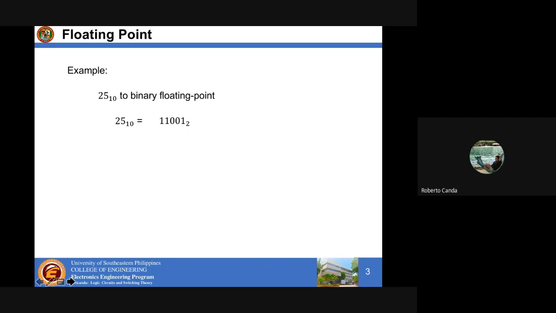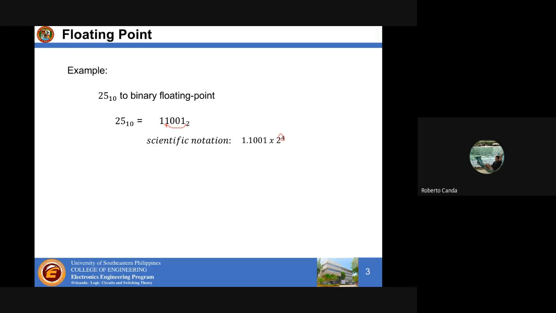Then if we use your general exponential notation, we have 1.1001 times 2 to the 4. So why is it 4? Because we move your binary point from this side going to the left side, and there are 4 bits that we have. So that's why we have an exponent of 4.